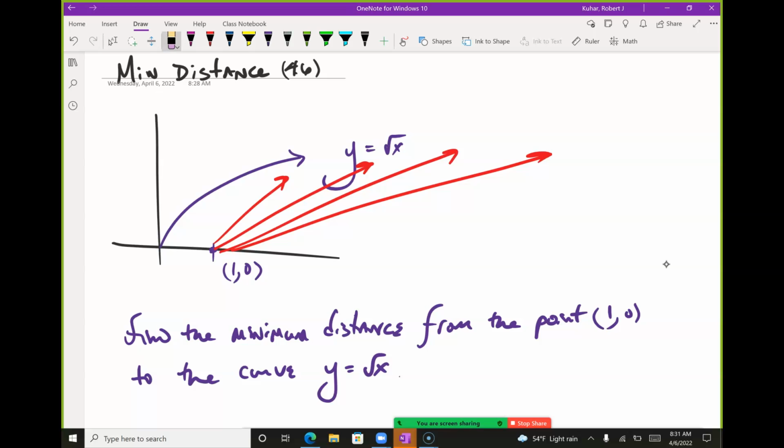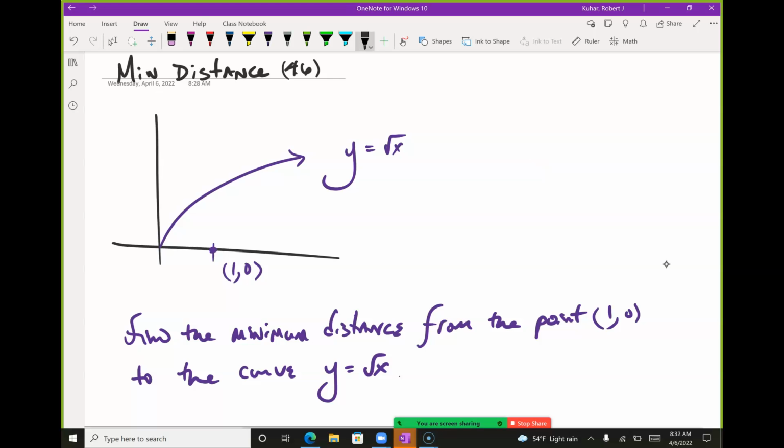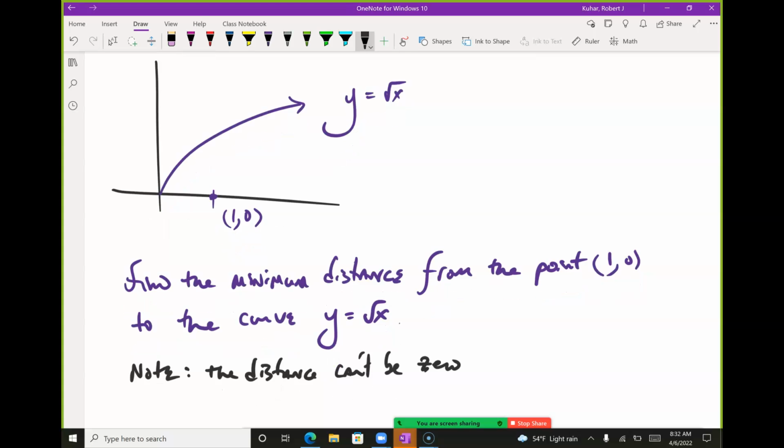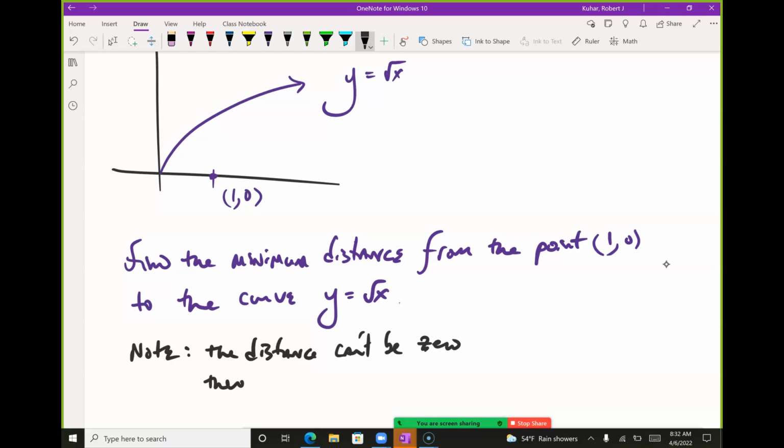So we should get a good result for the second derivative.